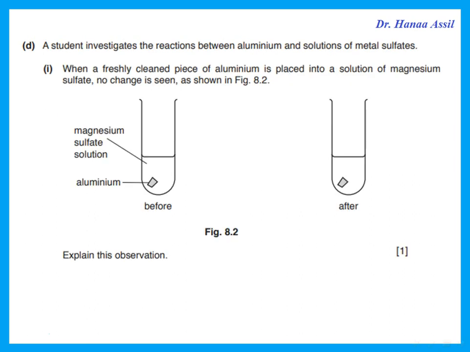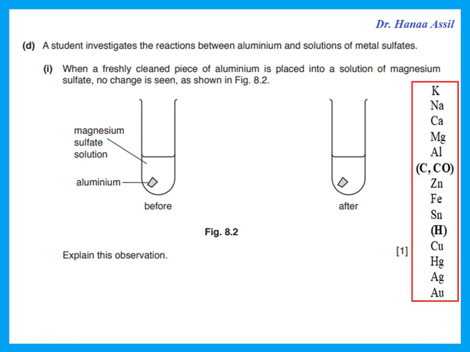A student investigates the reactions between aluminium and solutions of metal sulfates. When a freshly cleaned piece of aluminium is placed into a solution of magnesium sulfate, no change is seen. Remember that if you put a less reactive metal like aluminium with the salt of a more reactive metal, it doesn't react.